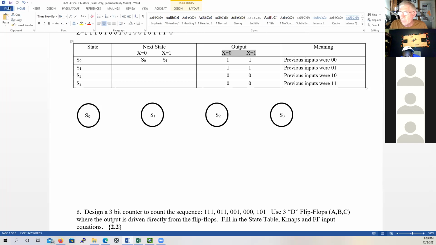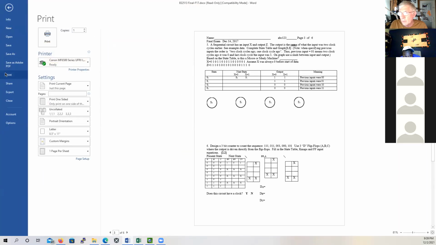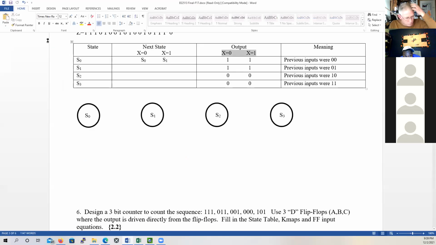We'll just print the whole thing. What did it do? What?